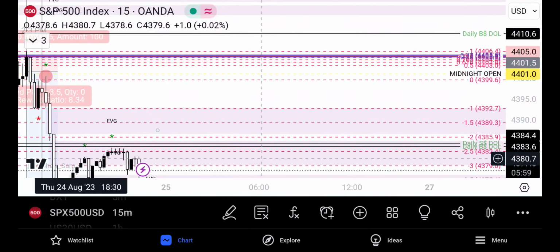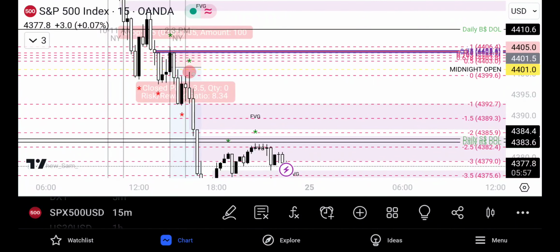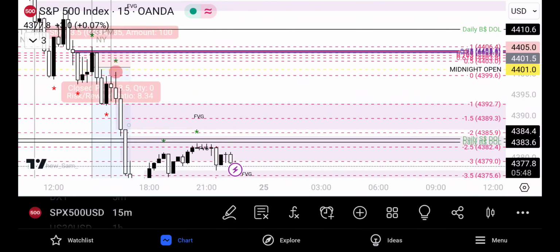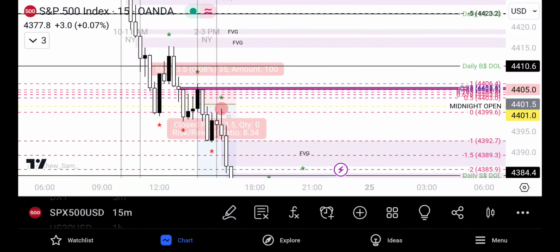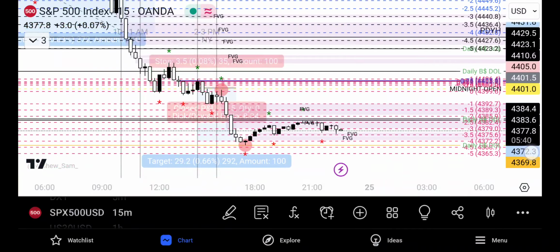So if the 15-minute came up and took out that high, that would be a market structure shift. And on the second one, I've already taken partial profits, and I did move the stop loss 1 pip in the profit. So that is a risk-free win-win trade for me.